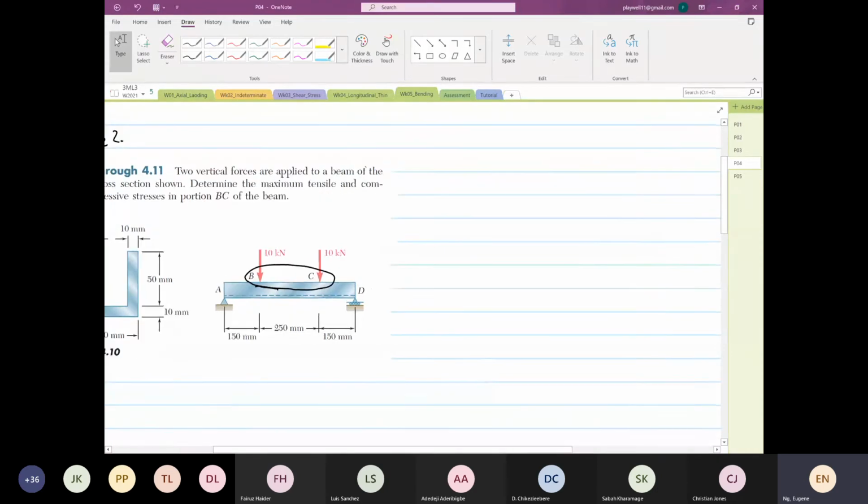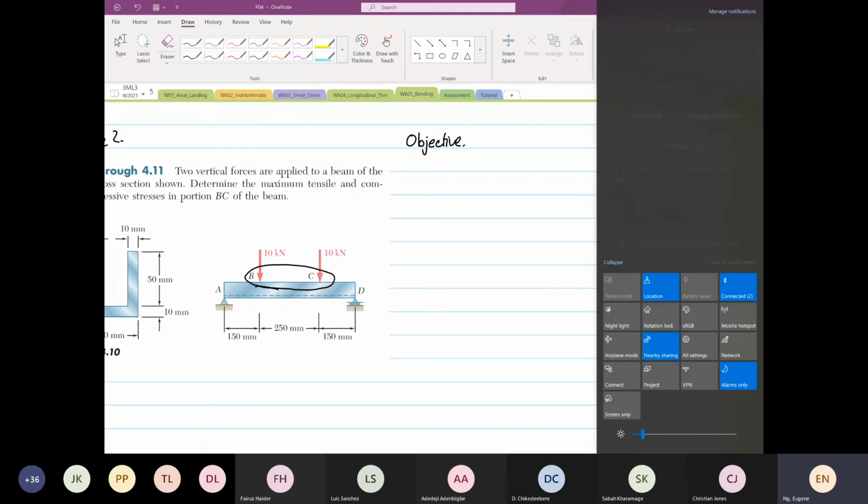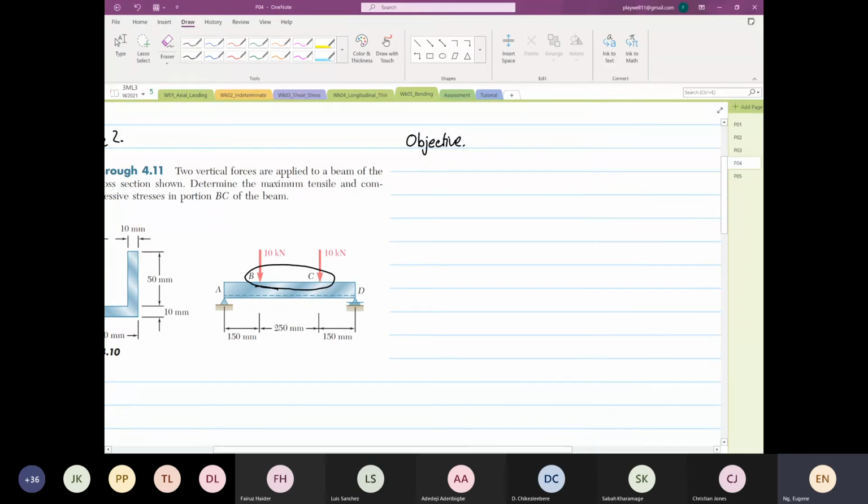So now what is our objective? Again, you can get this from Avenue to Learn, I've put this example on.